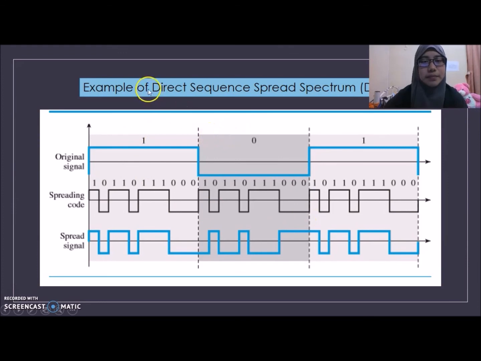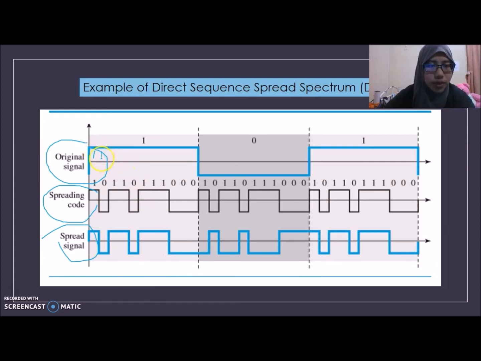This is the example of DSSS. We multiply the original signal with the spreading code to get the spread signal. We use exclusive OR to get the spread signal. How to do it?